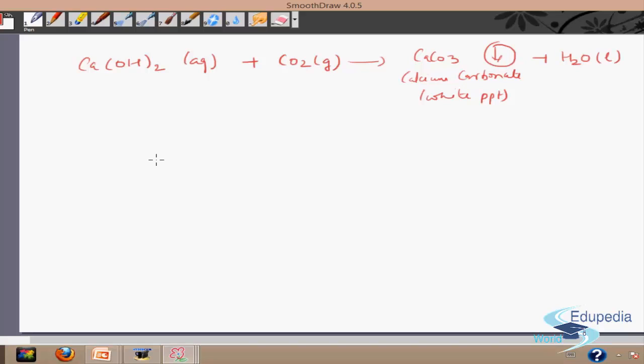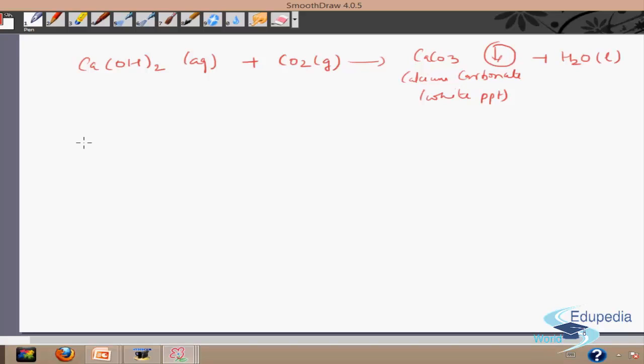So when the calcium hydroxide solution, that is lime water, reacts with carbon dioxide gas, a white precipitate of calcium carbonate is formed. The formation of calcium carbonate precipitate can be indicated by putting an arrow pointing downwards with its formula, right? So from the discussion, we conclude that the arrow pointing downwards, when put with the formula of the product in an equation, indicates that the product is being formed as a precipitate, that is an insoluble substance in the reaction.